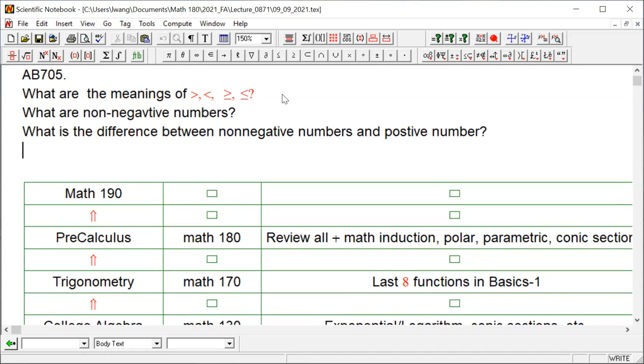So these questions come up. When you have these questions, please ask as early as possible. Don't wait until you're taking the quiz.